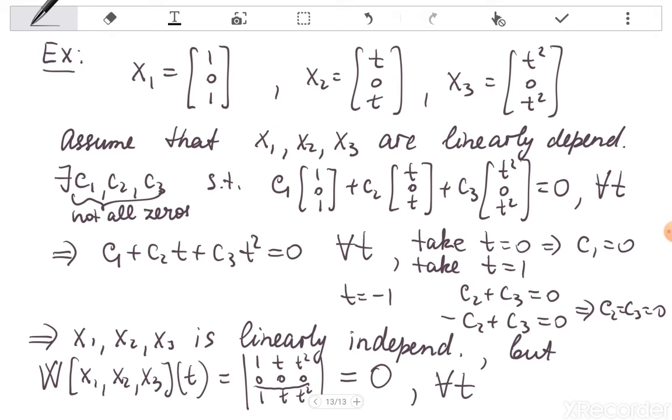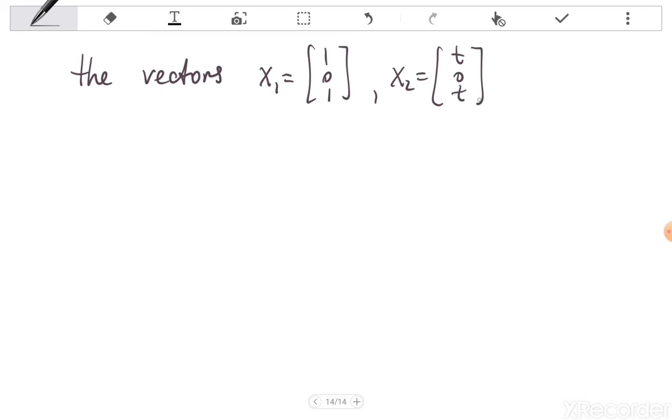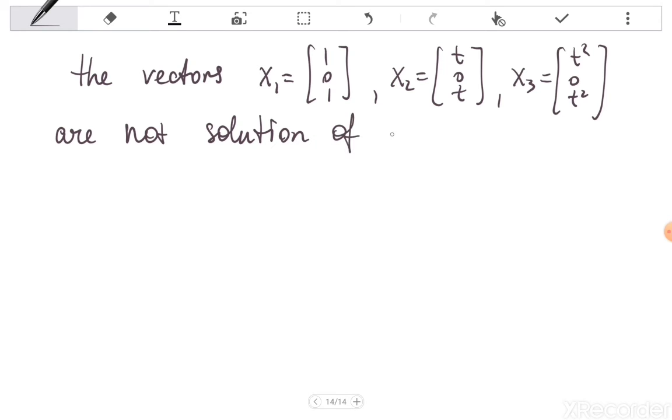Okay, so what is wrong with these three vectors? The vectors x1 equals (1, 0, 1), x2 equals (t, 0, t), and x3 equals (t squared, 0, t squared) are not solutions of any system like this. It is not possible to find a system for which these three vectors are solutions. Okay, let's prove this.